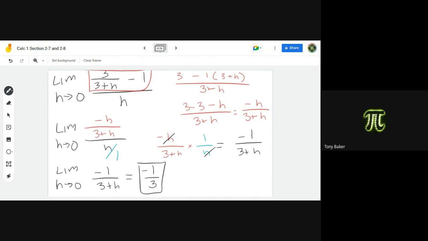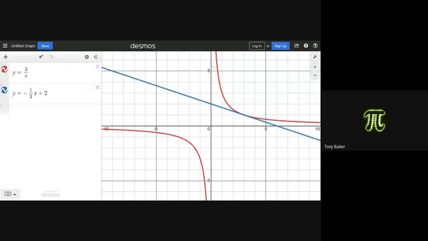If we look at the graph here, you can see that the red is my hyperbola, and this blue line is my tangent line. At that point, that's my slope. It only hits right there at that 1 point.